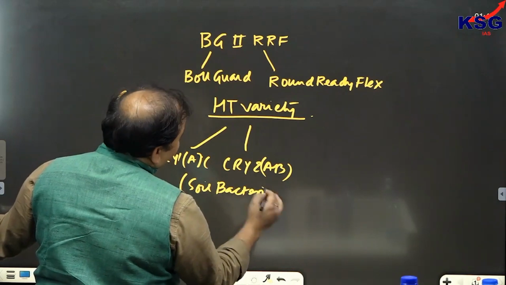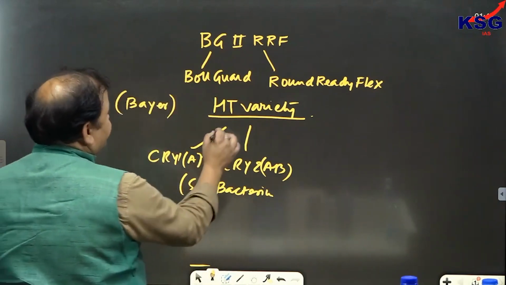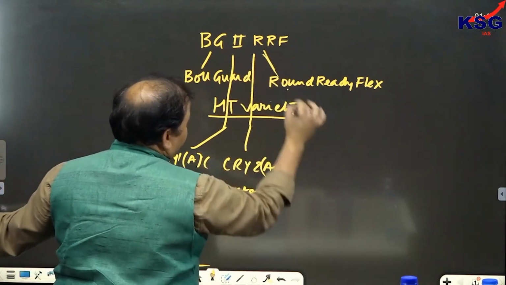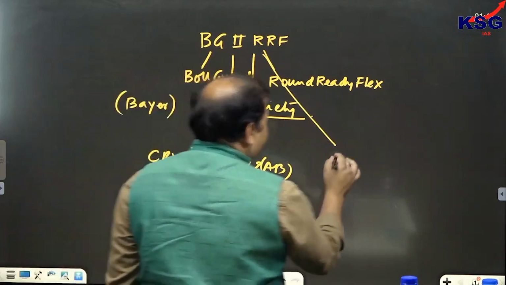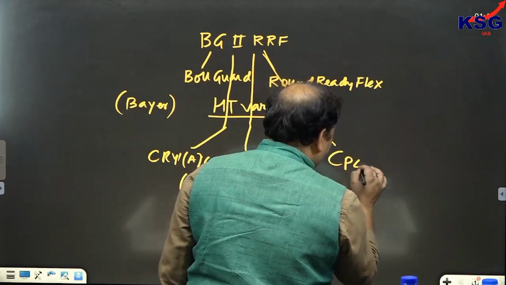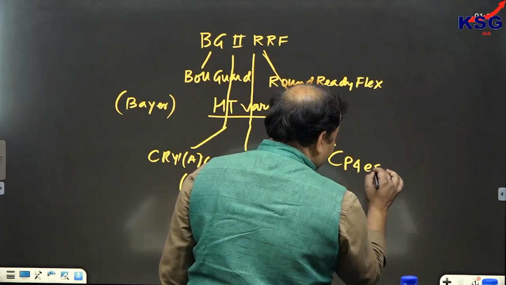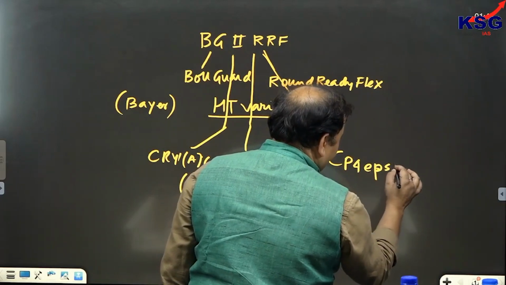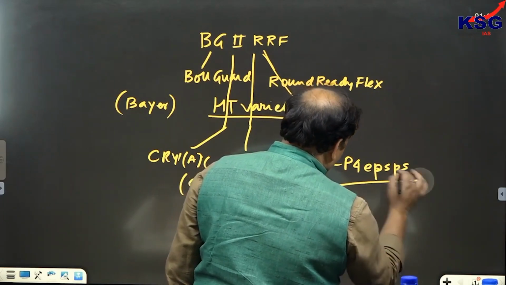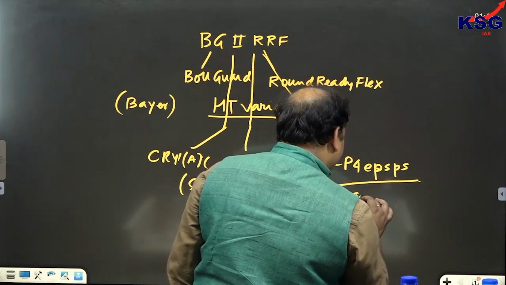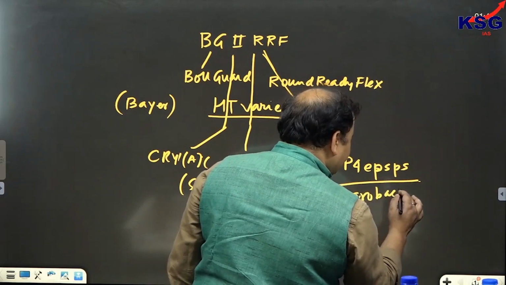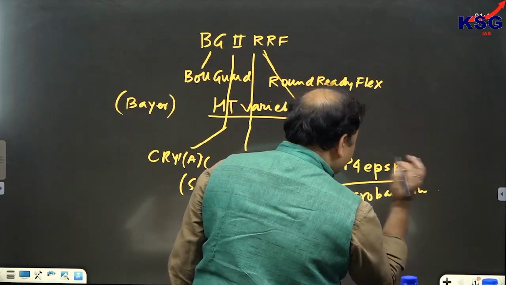But in this type of cotton, that is BG2RRF, another gene has also been taken, called CP4 EPSPS. That is taken from an agrobacterium. So remember the genes, agrobacterium.